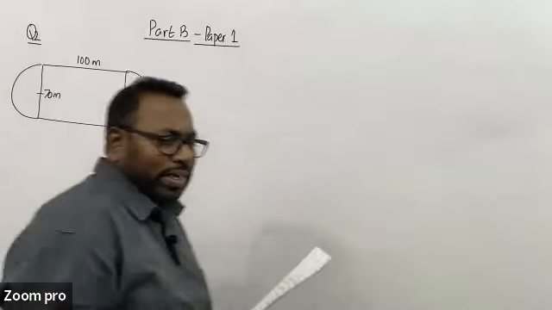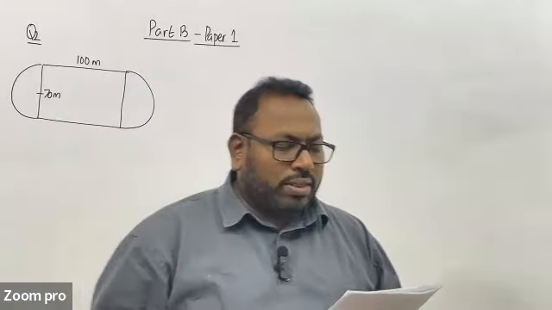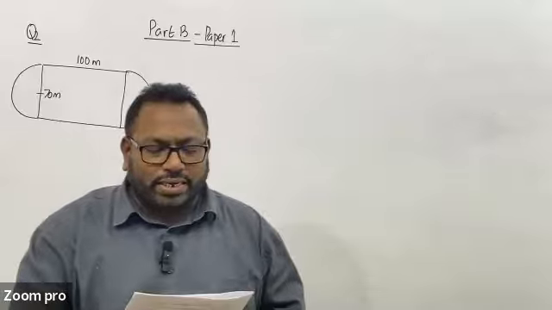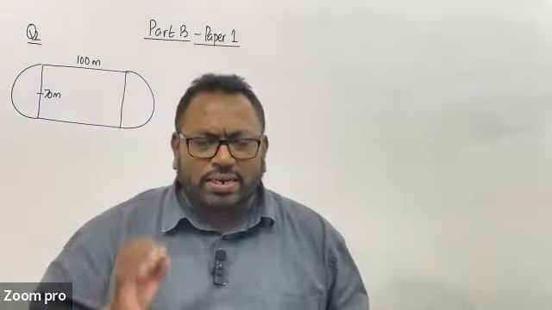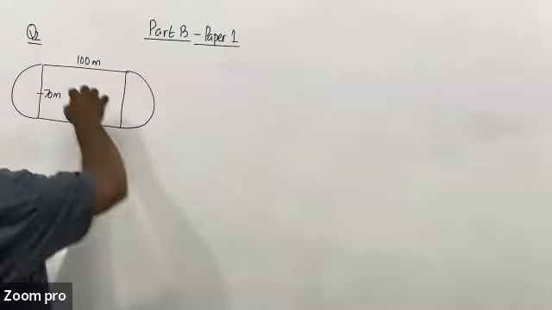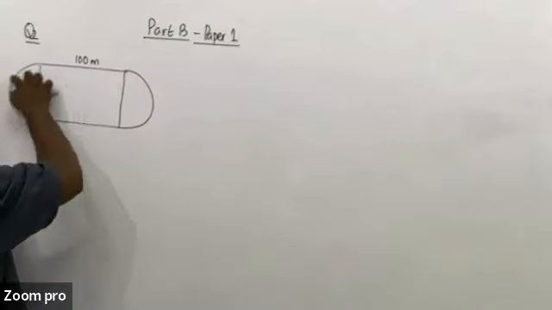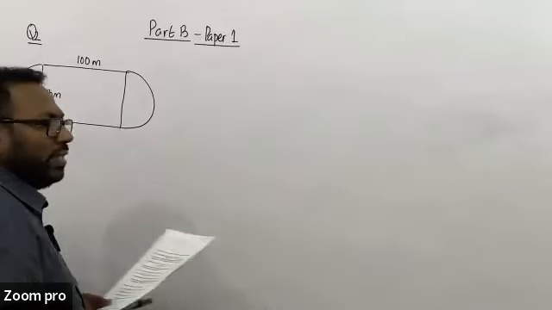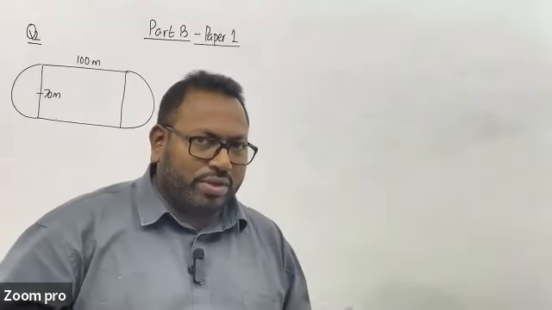The diagram shows a plot of land consisting of a rectangle and two semicircles. So you have a rectangle and two semicircles. That is the data that we have.